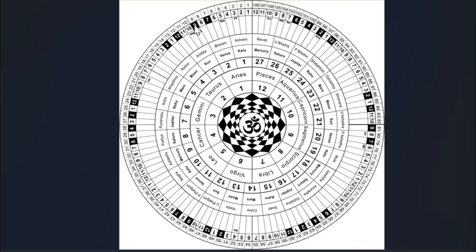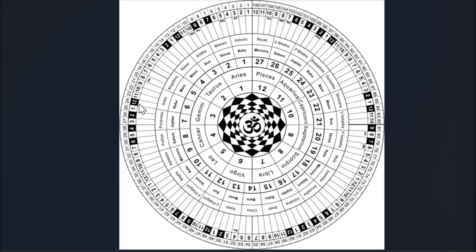Now, Taurus's first division will be 10th. Then 11, then 12. Then it will start with 1 again. Sorry, this is not the upper circle, this is the second upper circle. It will start with 1 again here. Then it will again go to 12.